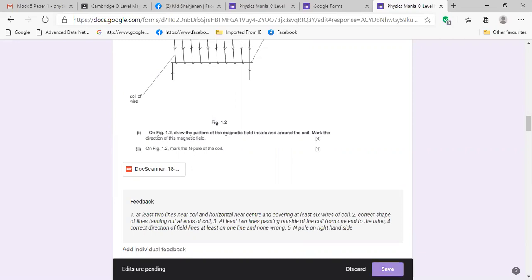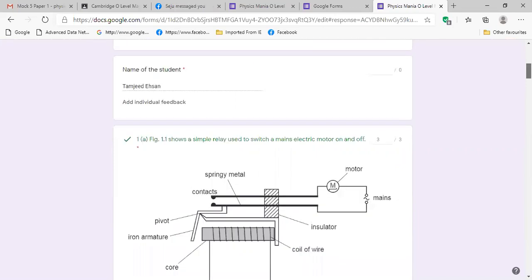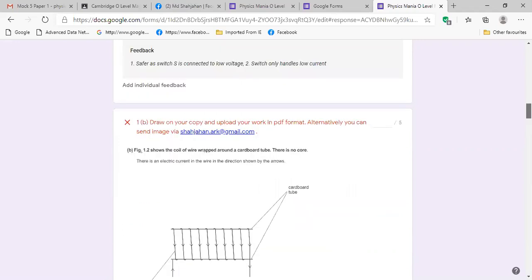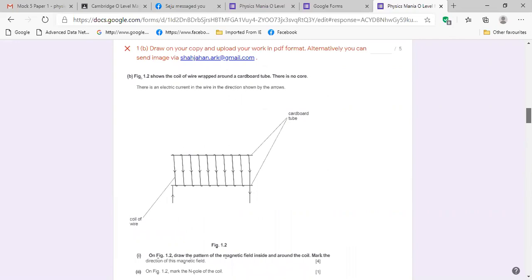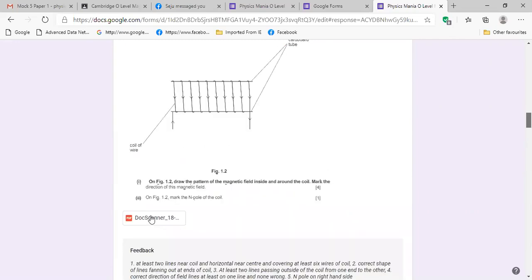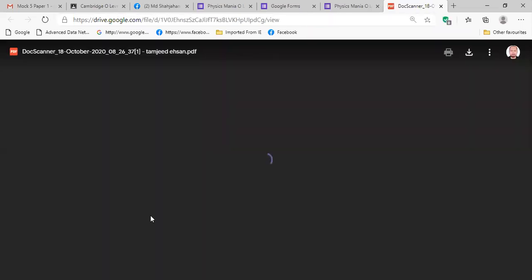When I send you the email, you will get the feedback automatically. So did you give a file here or did you give an email? What's this? Yeah, this one.